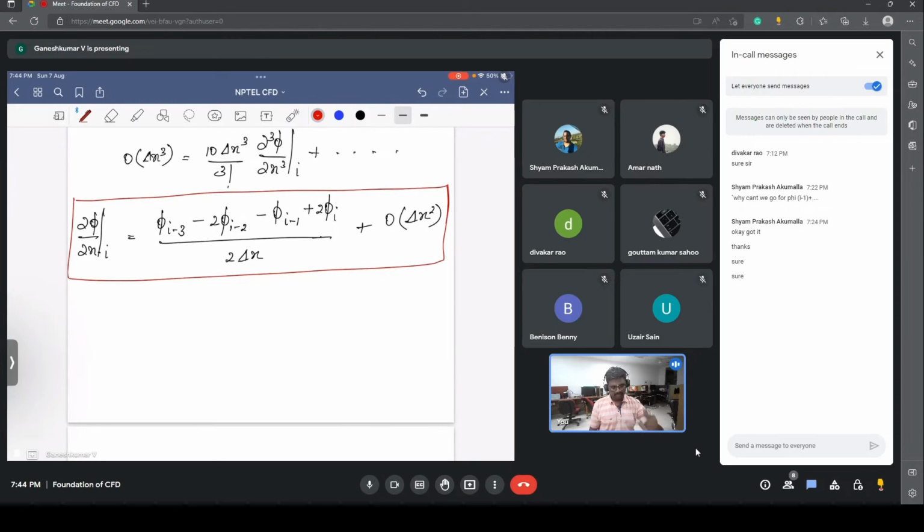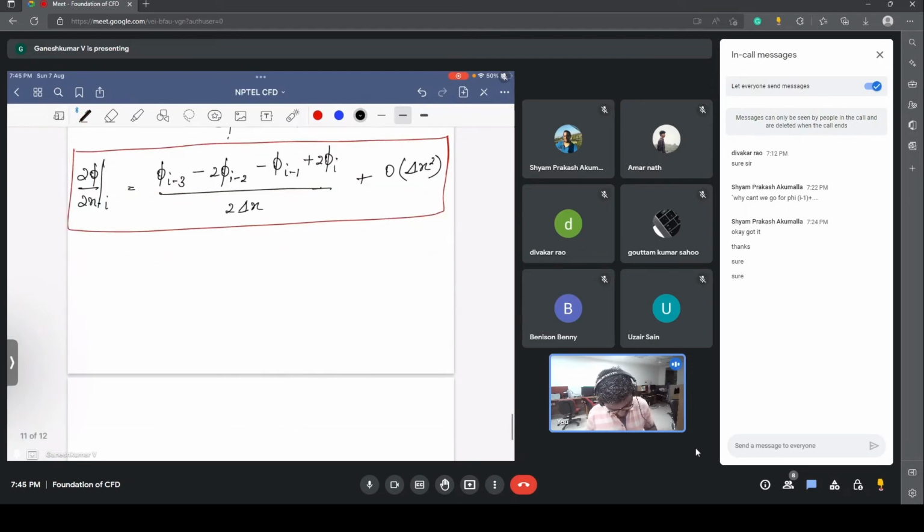Let me write. So this we have written, and this is our final equation. We can also write it like this: dou phi by dou x is approximately equal to phi I minus 3 times phi I minus 2 minus phi I minus 1 plus 2 phi I, divided by 2 delta x.